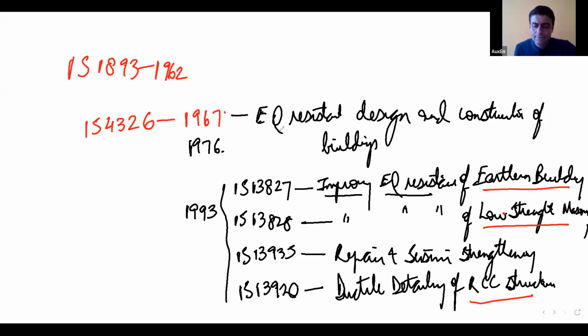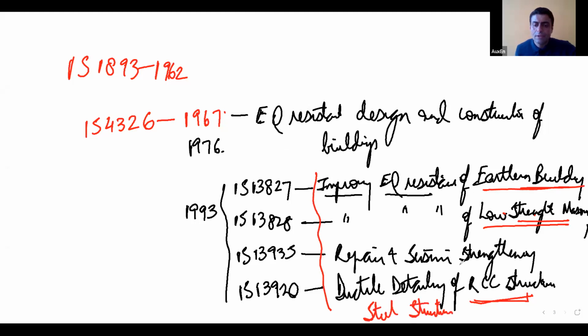And what is that? What is that one thing that is missing in all these four standards that I've listed down? There is one thing that is still missing. So the RCC structures are covered, the masonry is covered, the earthen buildings are covered, but steel structures are still missing, isn't it?